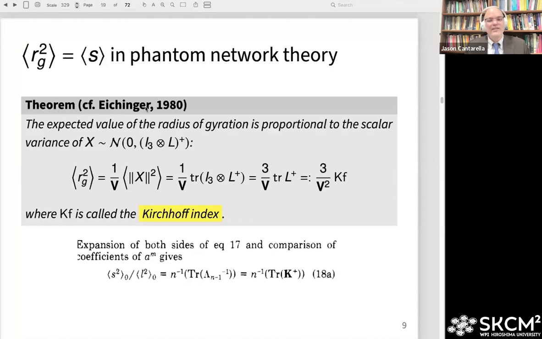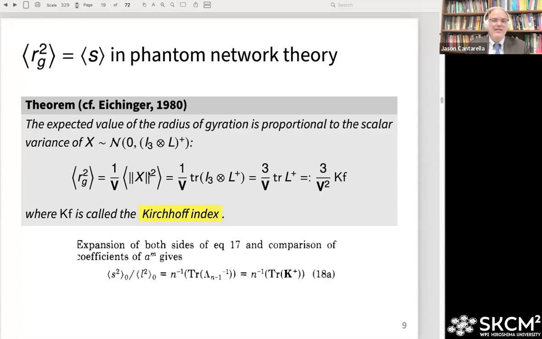Okay, so what did Eichinger do next? Eichinger said, well, okay, we'd like to know as much as possible about the distribution of the radius of gyration. So the first thing to do is to compute the mean, the expected value. And he said, all right, using the fact that the center of mass is at the origin, the expected value is the expectation of the norm of the x vector.